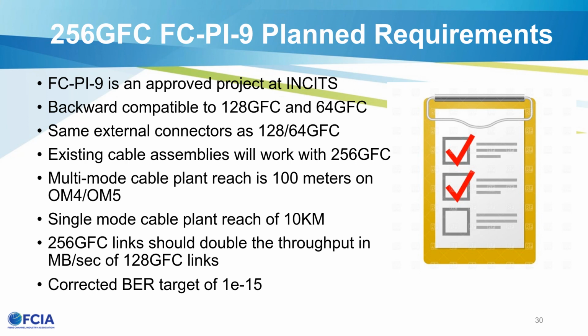The goal will be the same external connectors as 128 and 64. Existing cable assemblies will work. And as a starting point, our goal is going to be 100 meters reach on OM4, OM5. We'll have to see if that is actually feasible or not, but that's the goal.